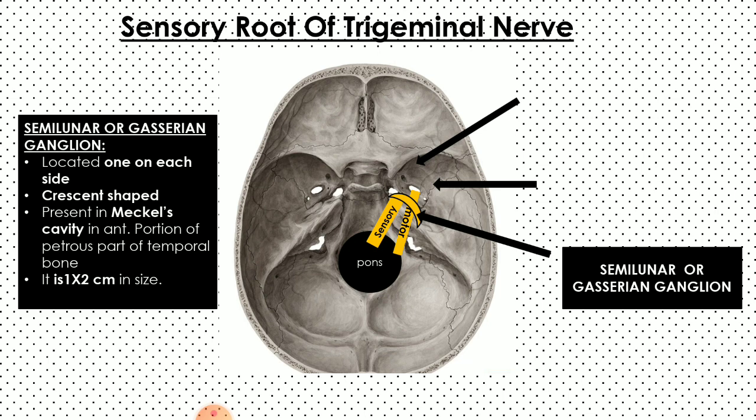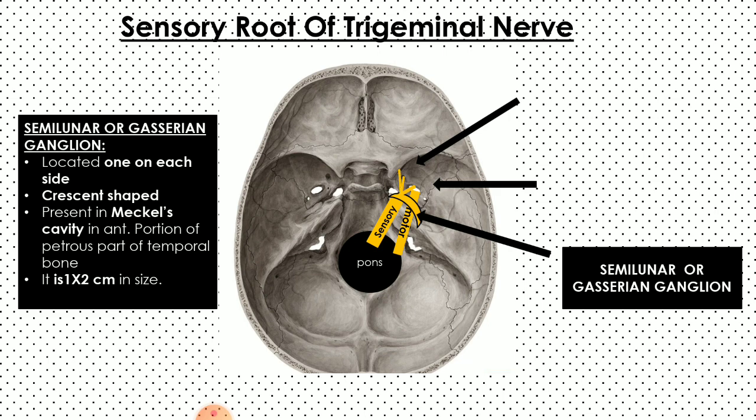Now when this sensory root enters the concave portion, from the convex portion of the ganglion, three sensory nerve branches emerge. This is the first one which travels along with the motor root. This is another one. And this.